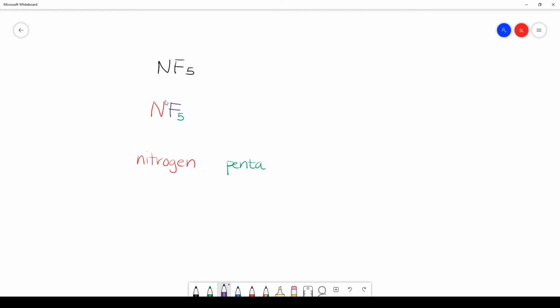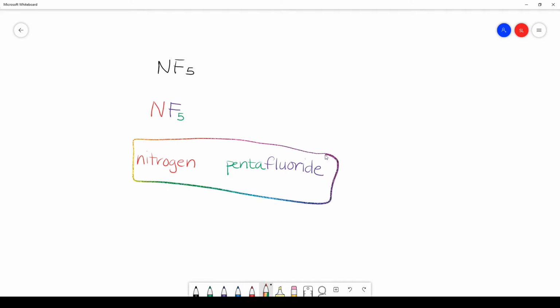And our element 2 symbol is F. That's for fluorine, but element 2 takes on root plus ide, so we write that as fluoride. Nitrogen pentafluoride.